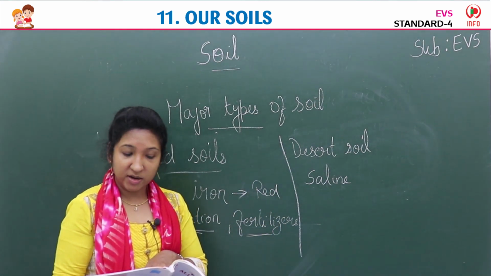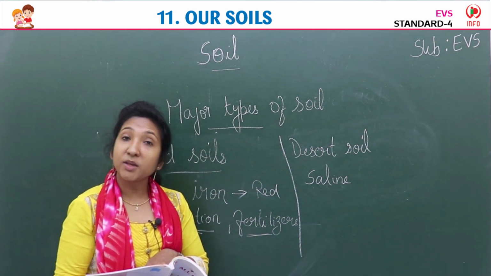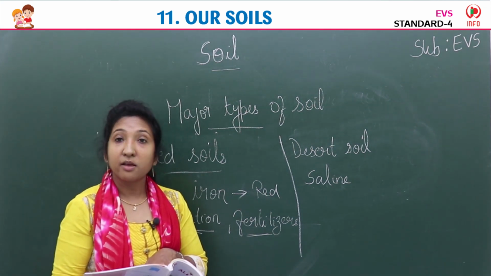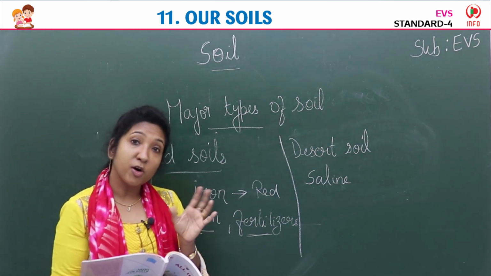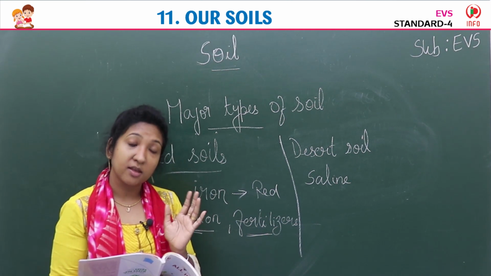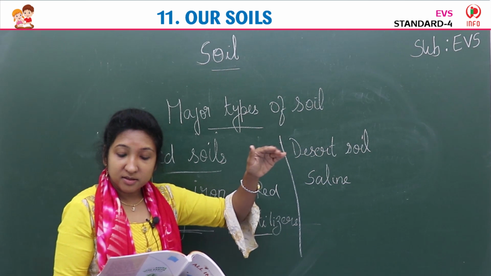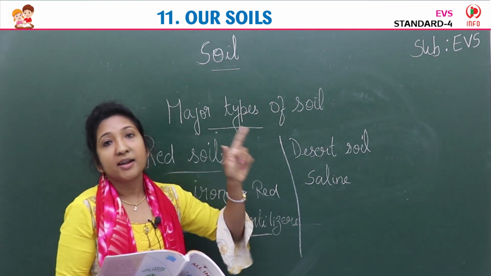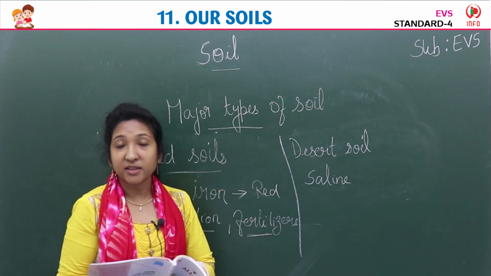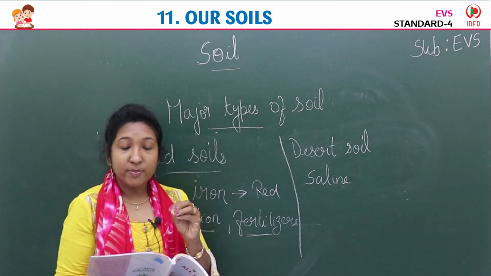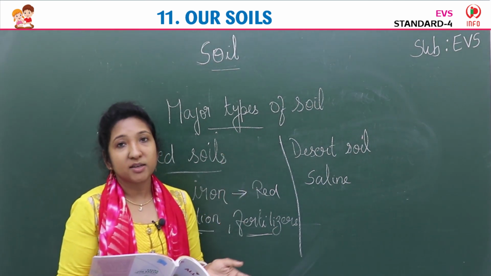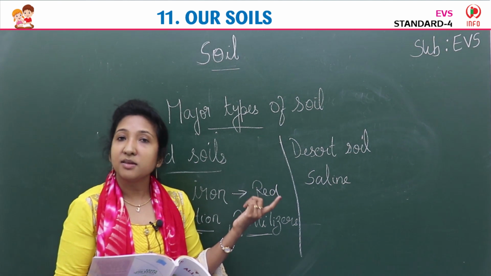Wheat, bajra, groundnut can be grown in this soil. If we give some modern techniques of irrigation, then we can cultivate this kind of crops in desert soil. Otherwise, only some plants and crops that need very little water can grow in this soil.